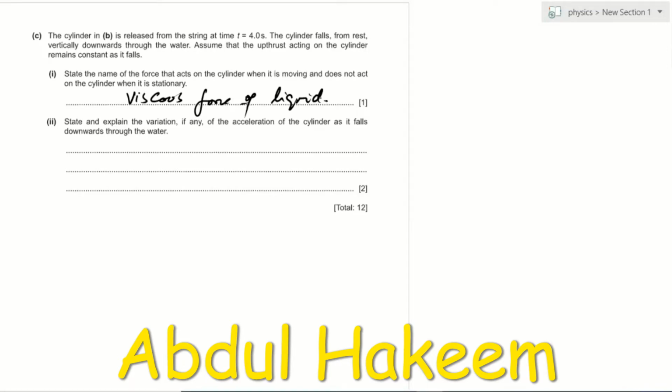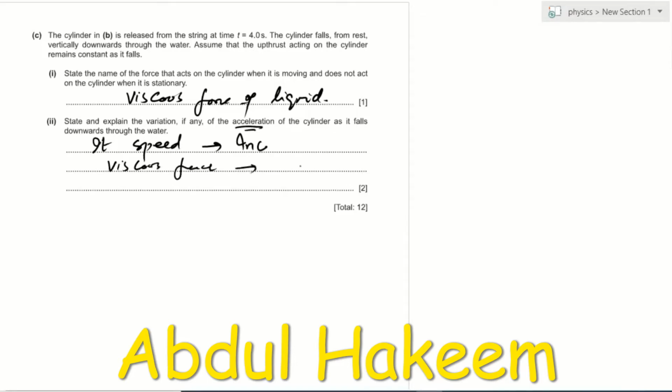State and explain the variation, if any, of the acceleration of the cylinder as it falls downward through the water. So when it accelerates, its speed, its velocity increases. Due to this increase in the velocity, the viscous force also increases.